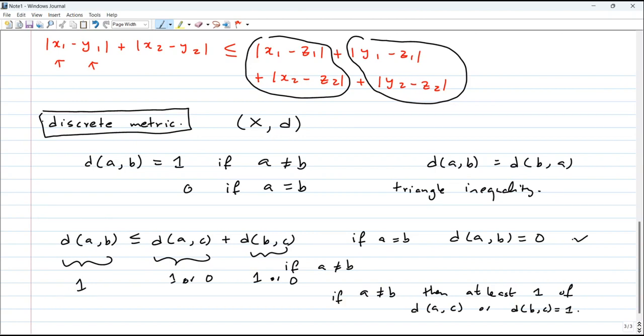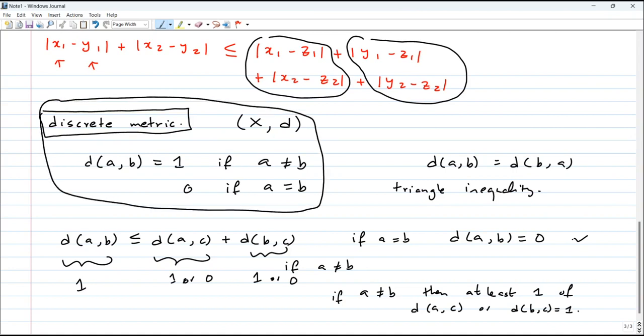So any set with the discrete metric is a metric space, because it satisfies the axioms of a metric space. Now you might be wondering why we even consider the discrete metric. The idea is very simple.